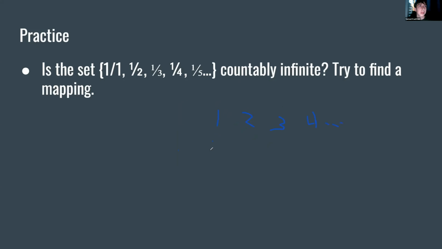We can map 1 to 1 over 1, 2 to 1 over 2, 3 to 1 over 3, 4 to 1 over 4. Yeah, and this way you can see we've mapped n to 1 over n and shown that this set is also countably infinite. It has the same cardinality as the natural numbers.